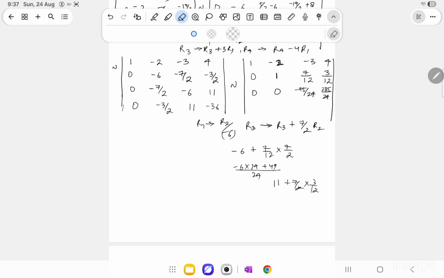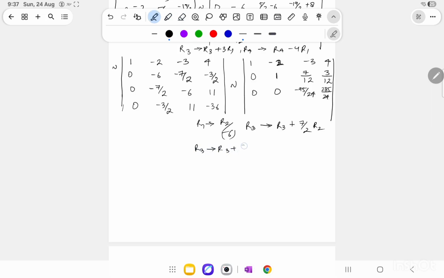Likewise I am using operation R3 as R3 plus 3 by 2 R2, so this will be 0, this will also be 0, so another term will be 11 plus 3 by 2 into 7 by 12, so that is basically equals to 11 into 24 plus 21, which is basically 285 by 24, and the last term will be minus 36 plus 3 by 2 into 285 by 24.